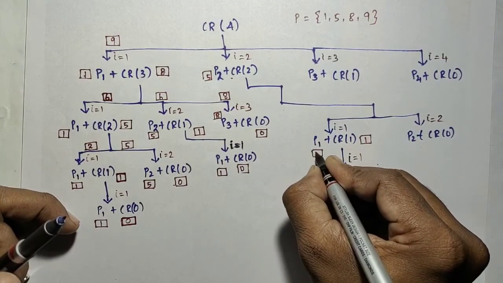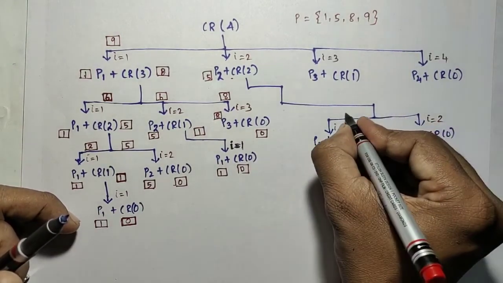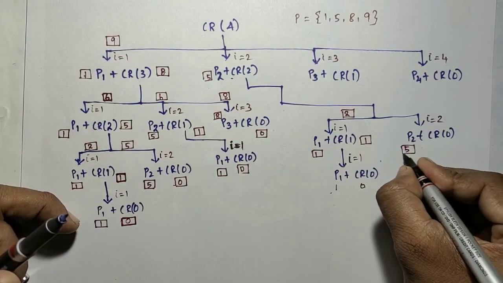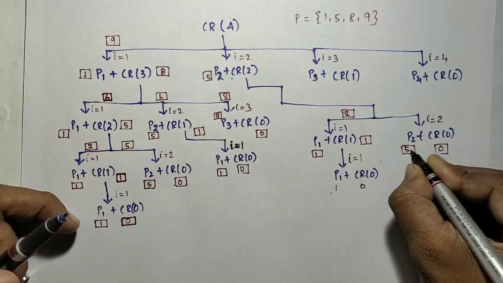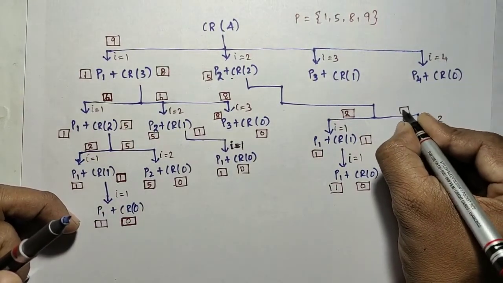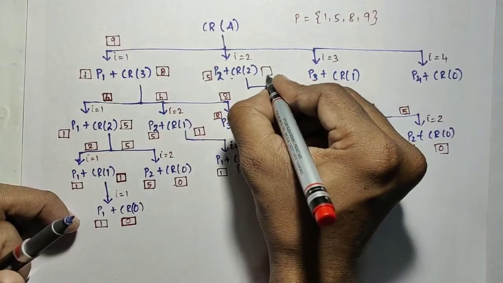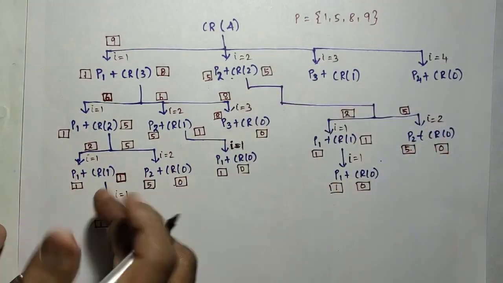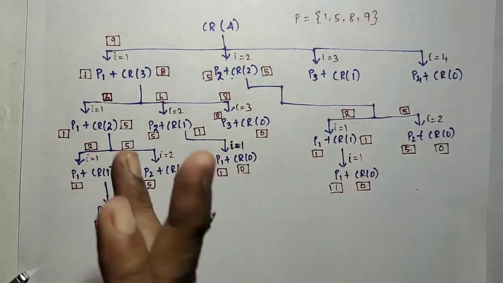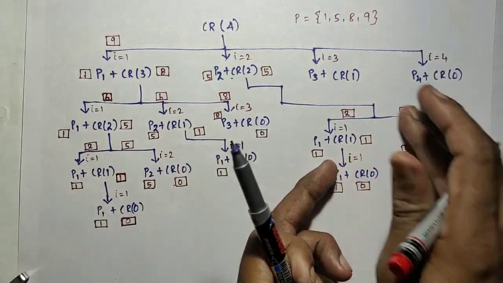So P1 is 1, and 1 plus 1 is 2. And in this branch P2 is 5, and CR of 0, so 5 plus 0 is 5. The maximum is 5. Like that it will determine again. If you see that procedure, this and this are the same, correct? So the same procedure is repeated, recomputed again.